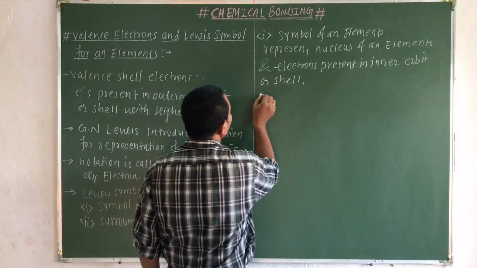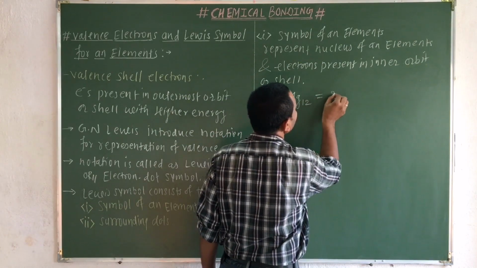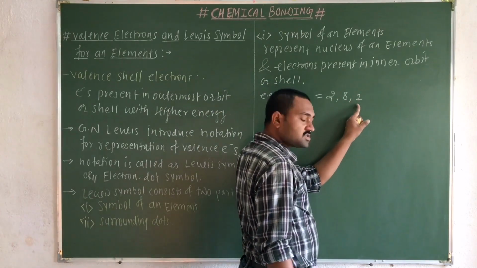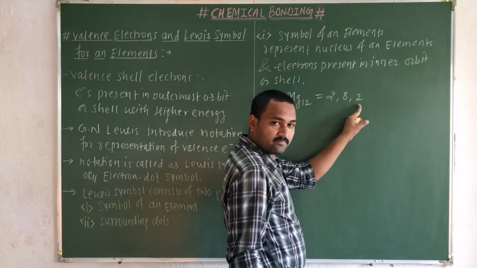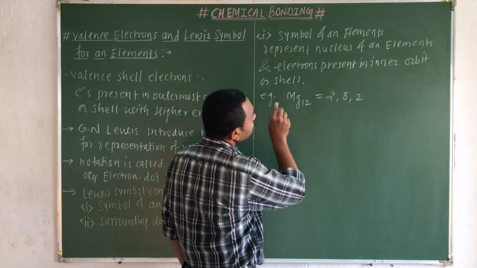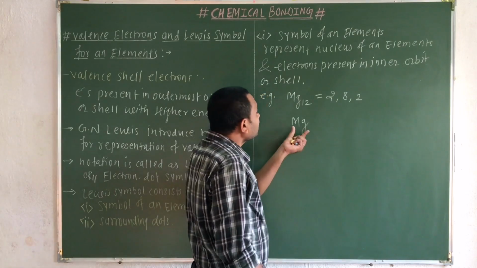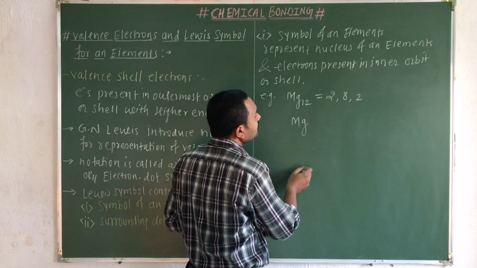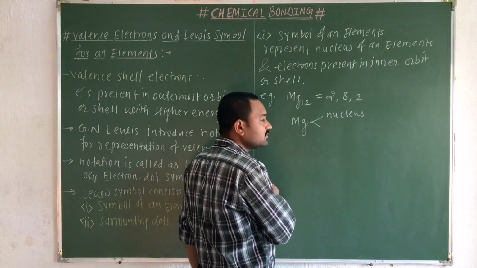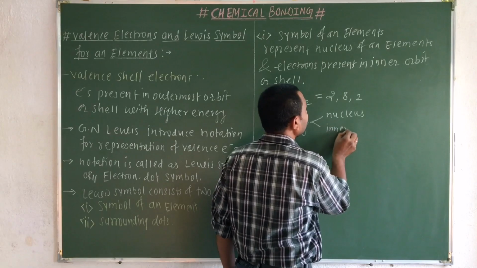For example, if I consider magnesium, atomic number 12, its electron configuration will be 2,8,2. Is it right? We know that the outermost energy level is nothing but your valence shell, and 2,8 will be your inner orbitals. So for the Lewis symbol for an element, we simply write the symbol of the element, but this symbol represents the nucleus of magnesium. We know that the nucleus consists of protons along with the inner electrons.